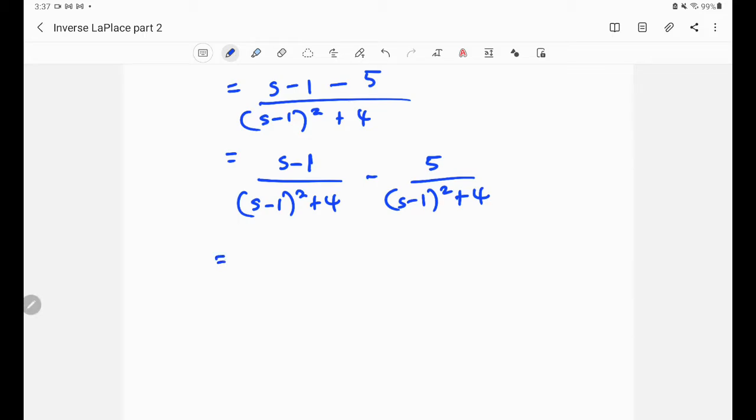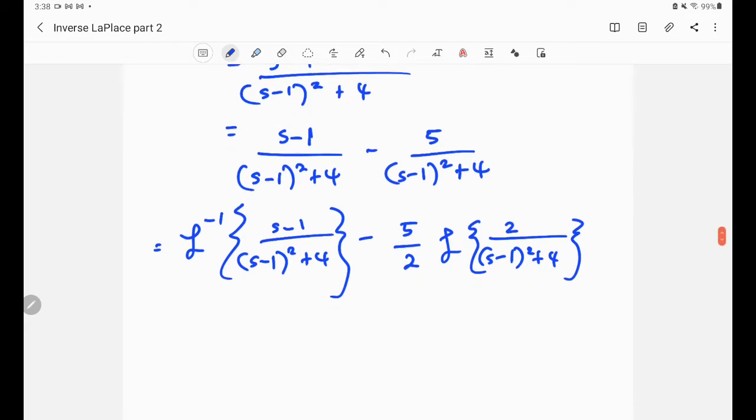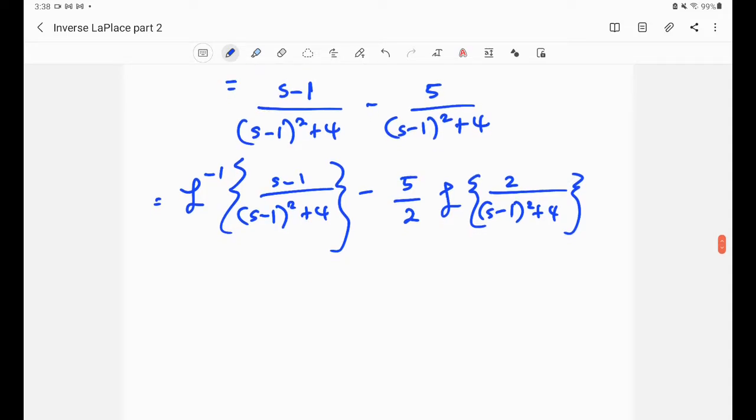Okay, so this one we'll just put as it is. And then this one, you bring out the 5 and you put it over 2, because you want the inside numerator to be 2. See? So now the one on the right side has become something you can inverse with the sine function.